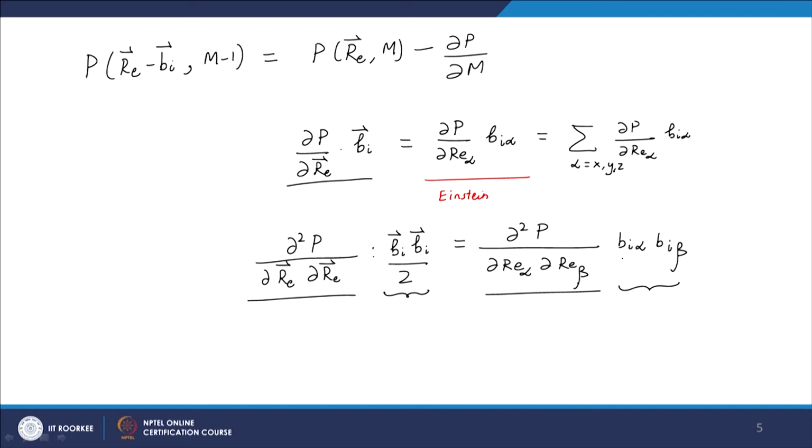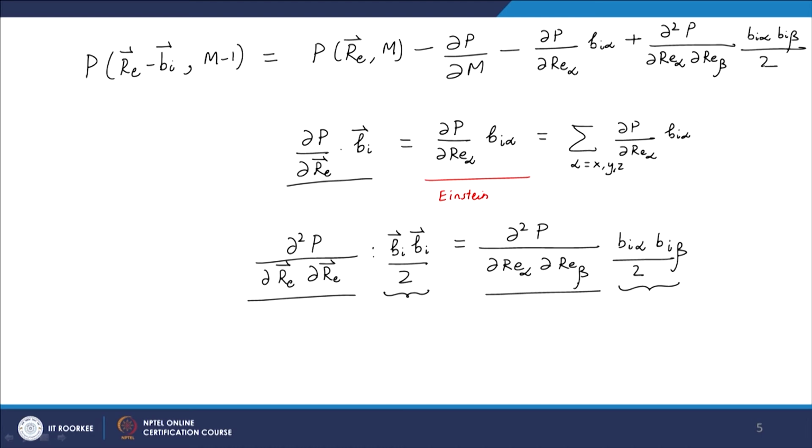So, let me write that here. So, this becomes in Einstein notation this.